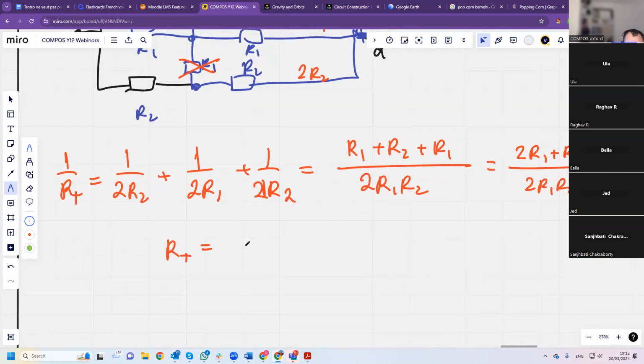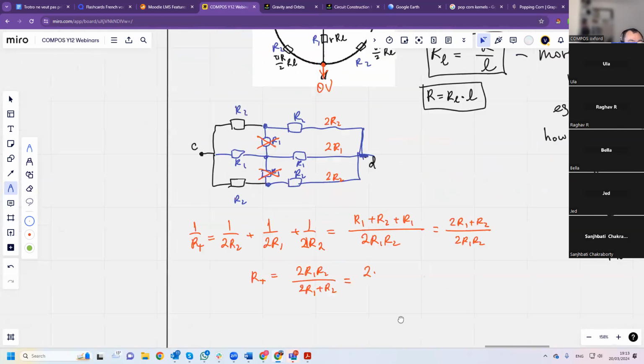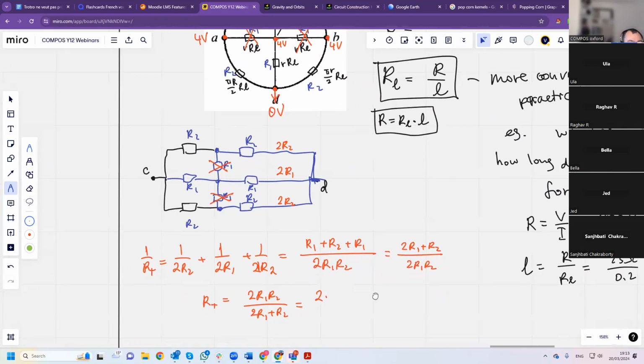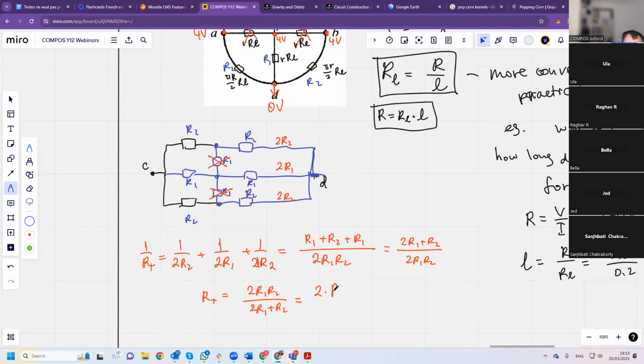So R total is 2R1 R2 divided by 2R1 plus R2, which is 2 times R1, where R1 is RL, multiplied by pi r over 2 RL, divided by 2 times RL plus pi r over 2 RL.